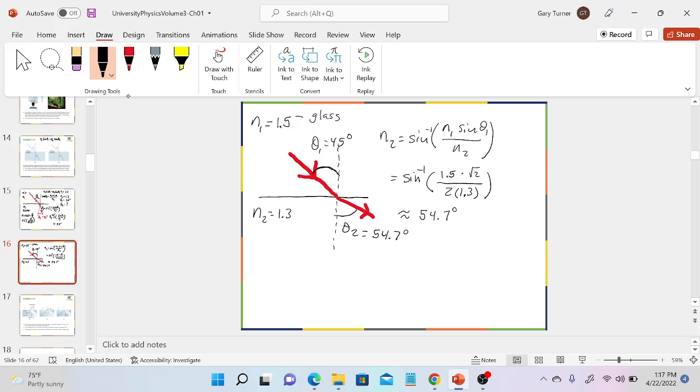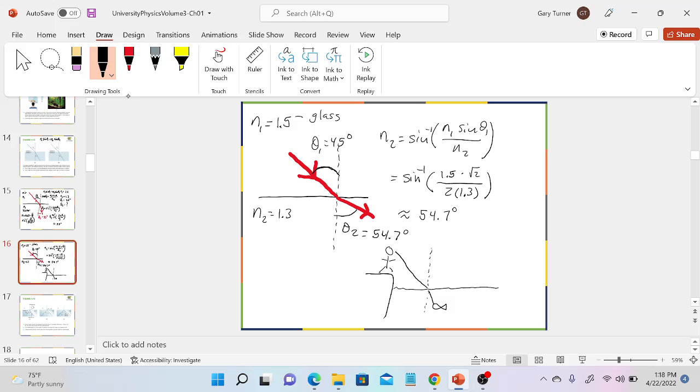If you think about a person standing on a deck of some kind and there's a fish in the water, okay? If the light from the fish is going to come up this way, hit the surface here, and draw a normal, and then it's going to bend away from the normal toward the observer's eyes.